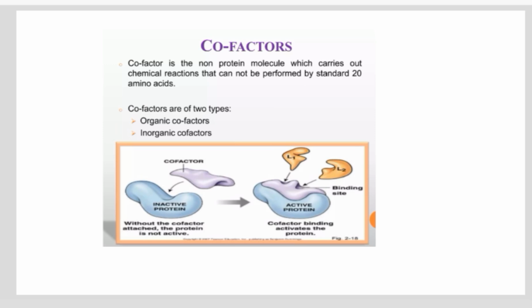It is the conversion of inactive protein to active protein. The enzyme has a binding site as well as a catalytic site. The binding site helps to bind the cofactor to the inactive protein, and after binding, they are involved in the catalytic process, converting inactive protein to active protein.